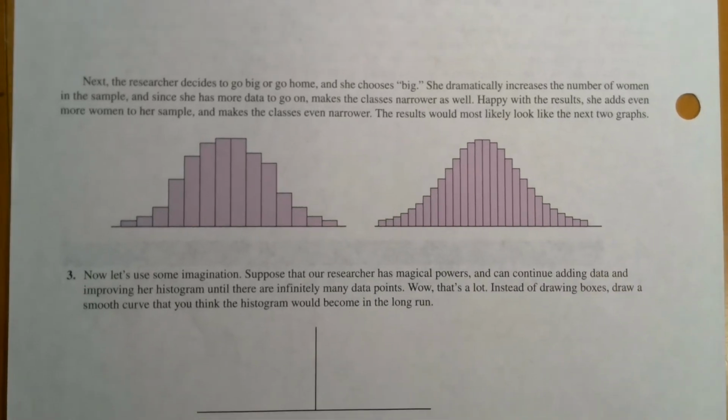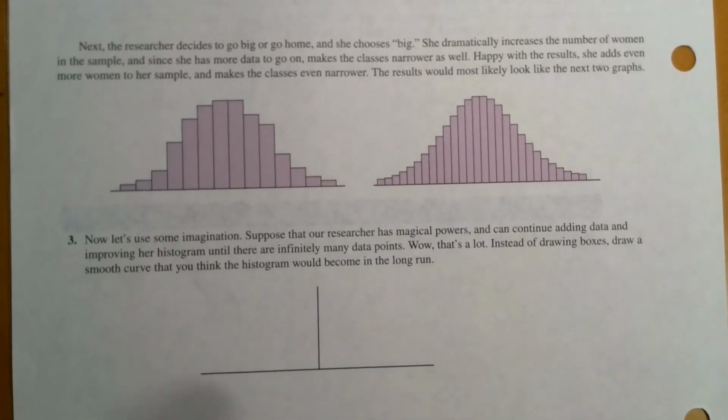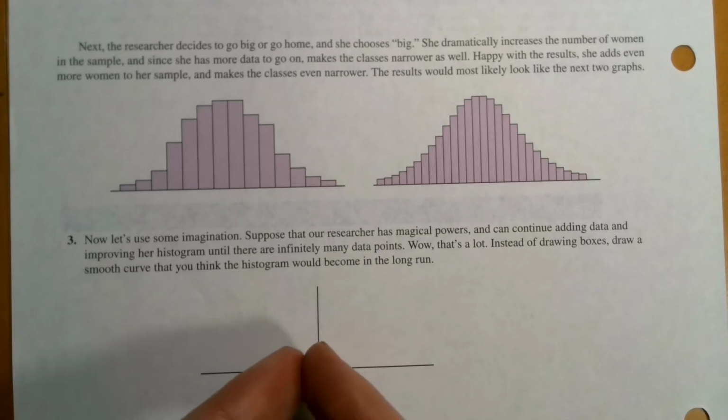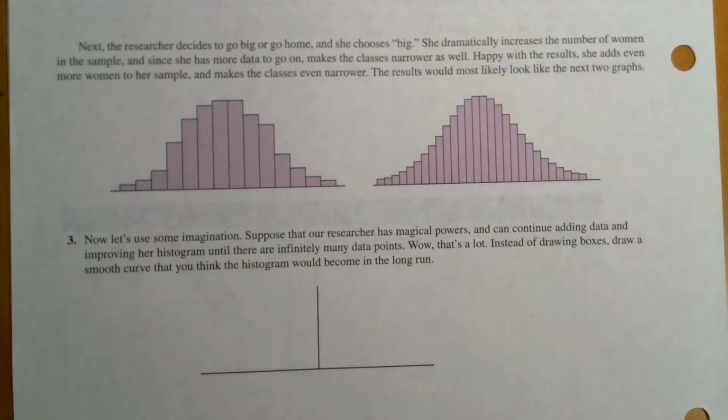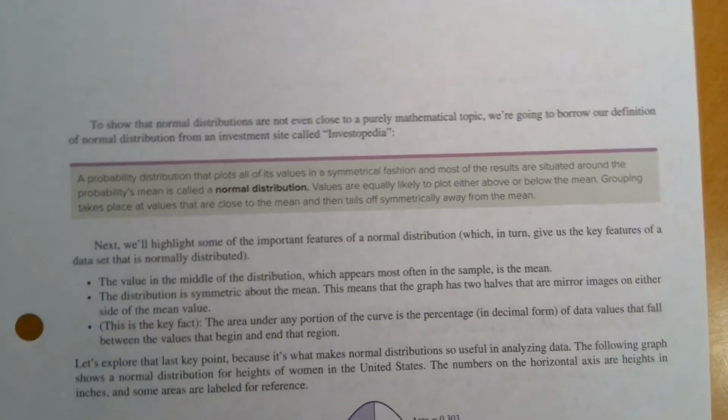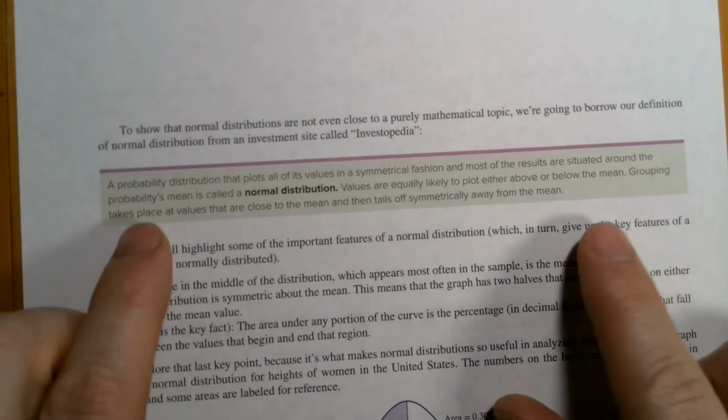And the big key concept here for normal distribution is that the mean is the exact center of the distribution, and half of the data values occur above the mean, half occur below, and then they're symmetric as we go in either direction. So let's skip all the way over to page 407, and we'll read this little line here.